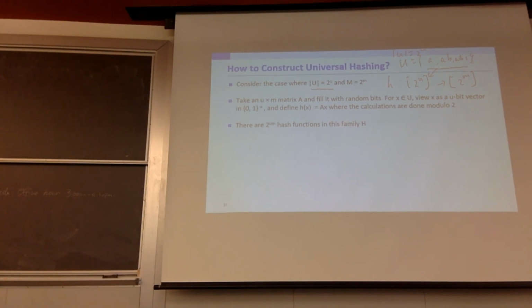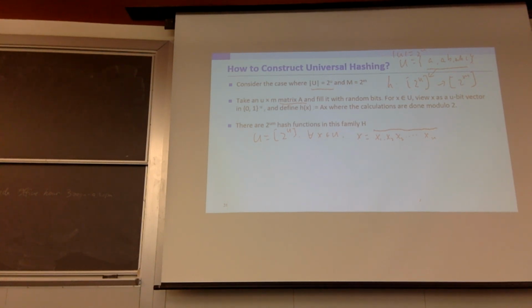So the way we do that is you take a matrix A. Oh, sorry, I should fill in this first. If your range is U equal to 2 to the power of u, then every x in this set can be written as a u-digit binary number: x1, x2, x3, up to xu.